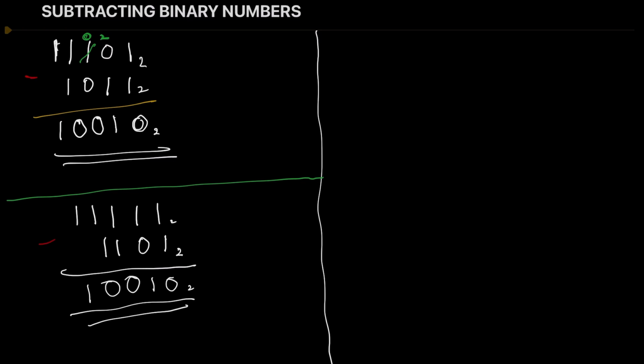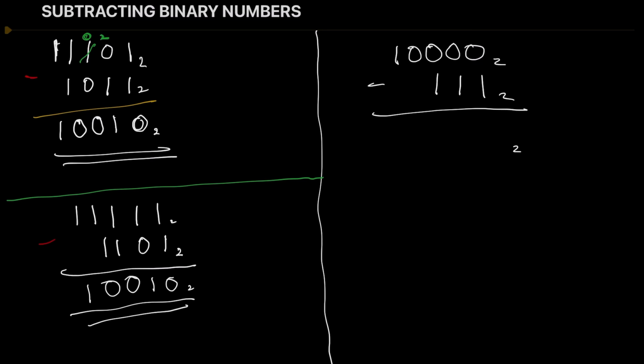So another example could be 1, 0, 0, 0, 0, minus 1, 1, 1. This is also a very interesting example. So here we say that we want to take 1 from 0.